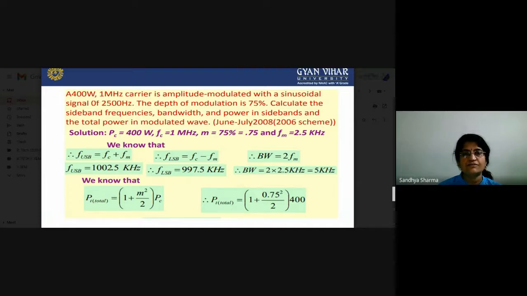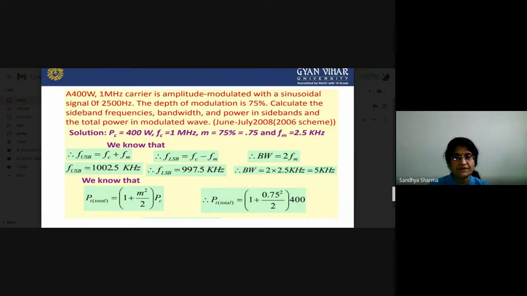First of all, the carrier power PC is equal to 400 watt, Fc is equal to 1 megahertz, Fm is equal to 2.5 kilohertz, and modulation index is 75%. The upper sideband frequency is equal to Fc plus Fm, and the lower sideband frequency is equal to Fc minus Fm.